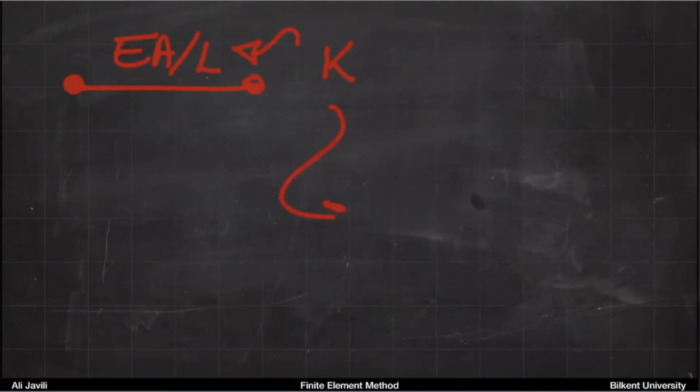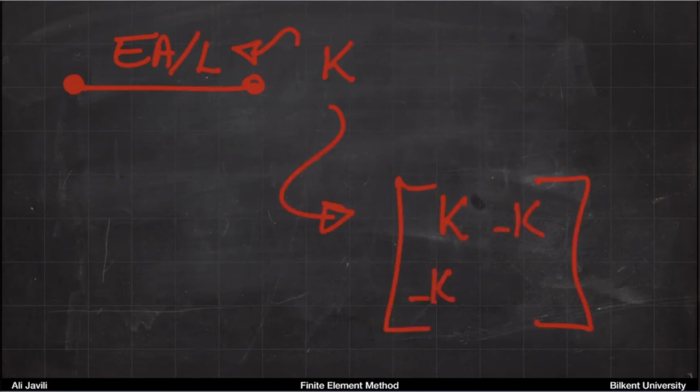Again, if you just had a simple truss, we said the effective stiffness is something like EA over L, which we said could be something like K. Now, for that truss, if you had two nodes, the stiffness would have been K, minus K, minus K, K. That would be for node 1, node 2.